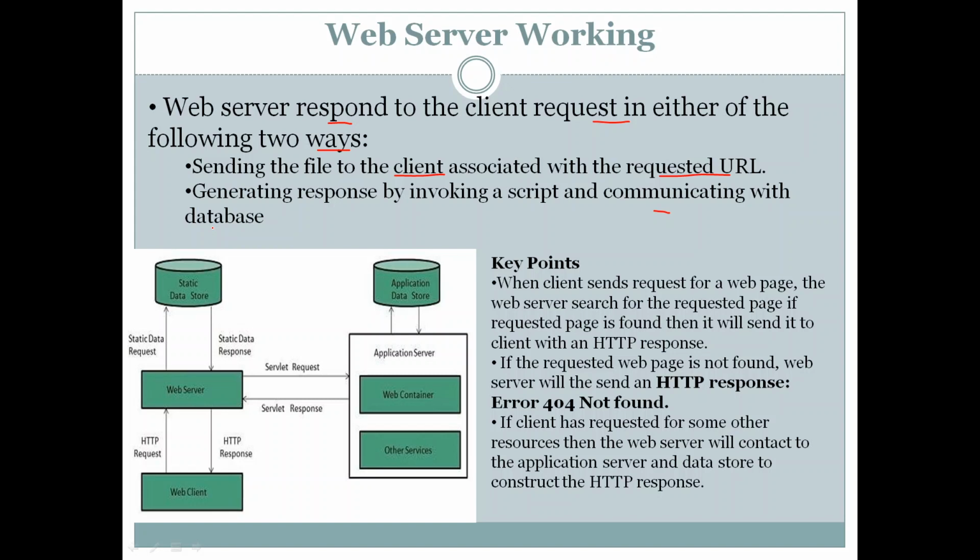The first way, which we have already studied, is static web page and dynamic web page. If the request from the client is for a static web page, the file associated with the requested URL, the file itself, is sent back to the client.